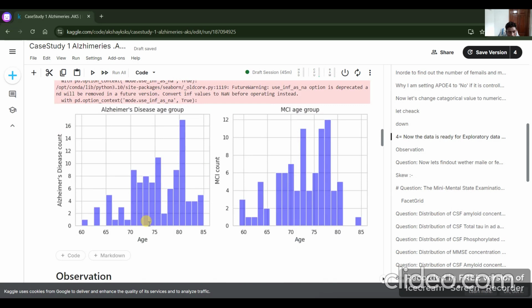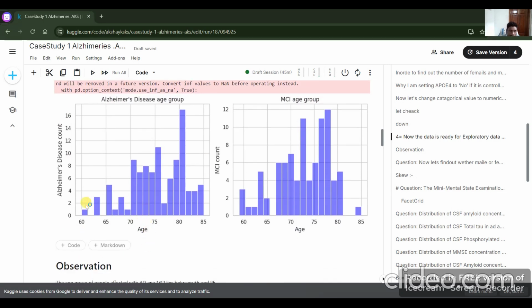We can see the graph: Alzheimer's disease count on the Y axis, age 60, 65 on the X axis, 75, 85, counts 0 to 8. Next is the MCI age group, age 50, and the MCI count.